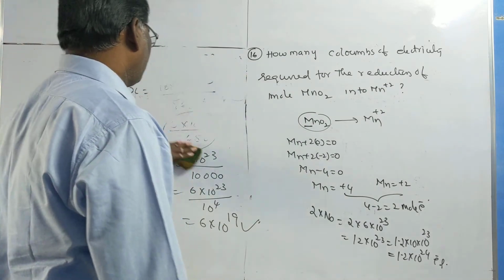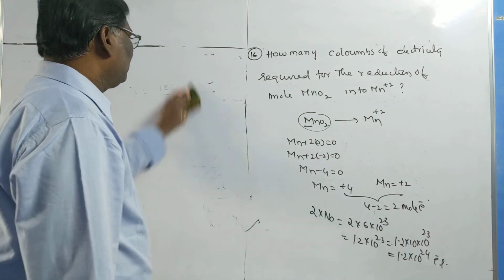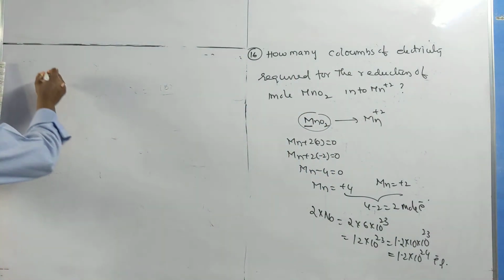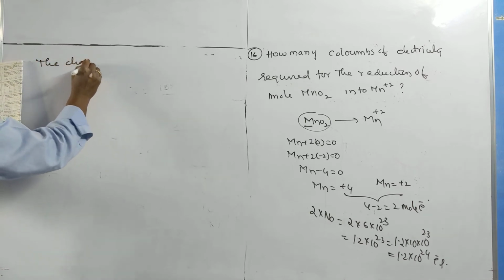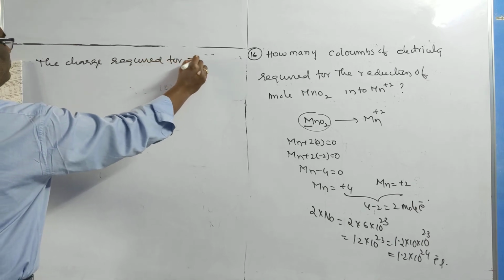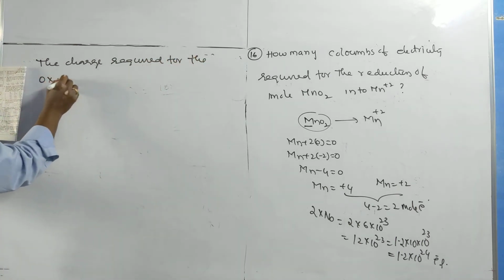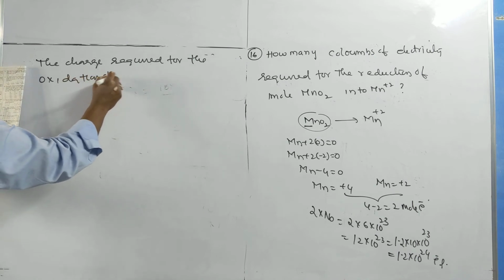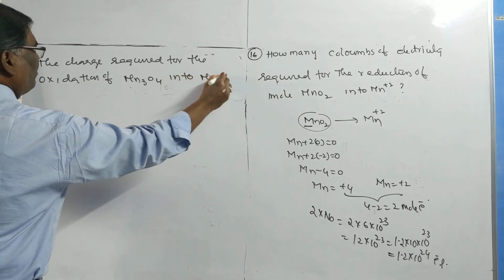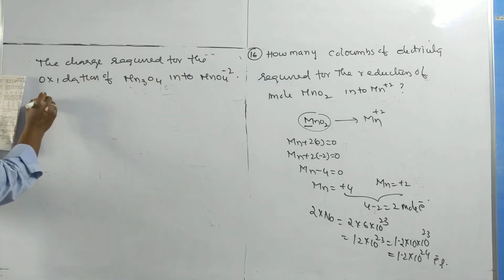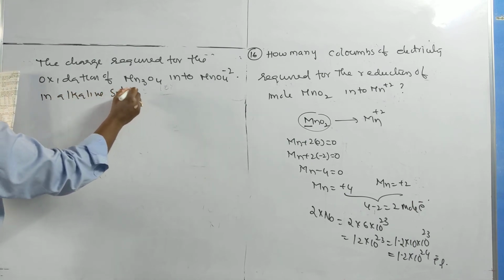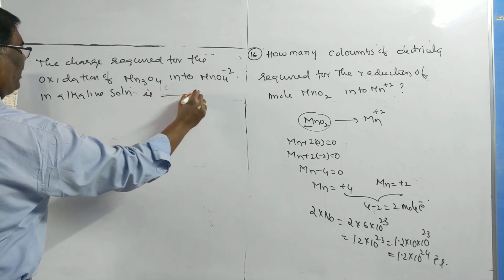Okay. The next one: the charge required for the oxidation of Mn3O4 into MnO4 minus 2 in alkaline solution is dash Faradays.